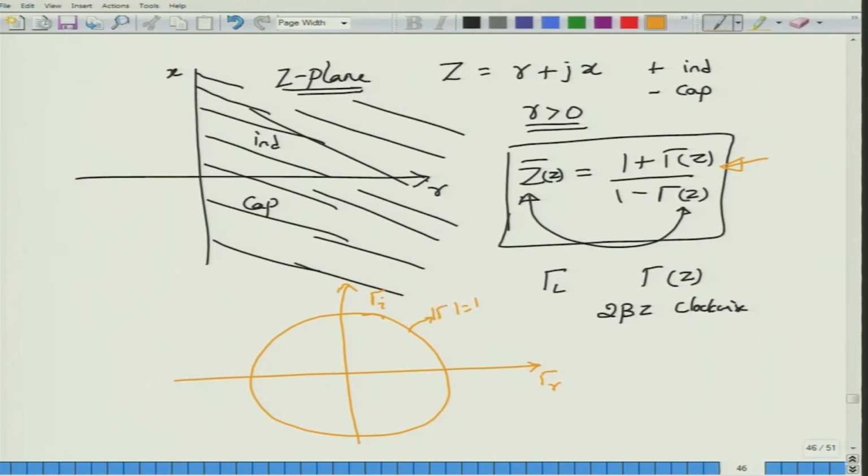So how can this magic of the entire right half being converted into the region within the unit circle happen? This magic happens by what is called a bilinear transformation.